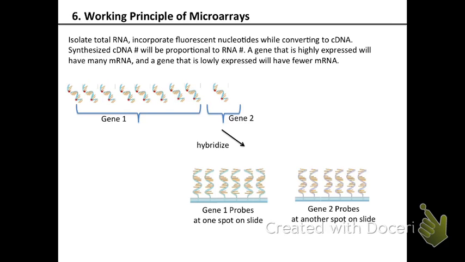So what's one way you can do this? You isolate your RNA, you're going to convert that to cDNA, right? And you're going to incorporate fluorescence during this process. Any ideas? How can you incorporate fluorescence? Use reverse transcriptase with fluorescently labeled nucleotides.